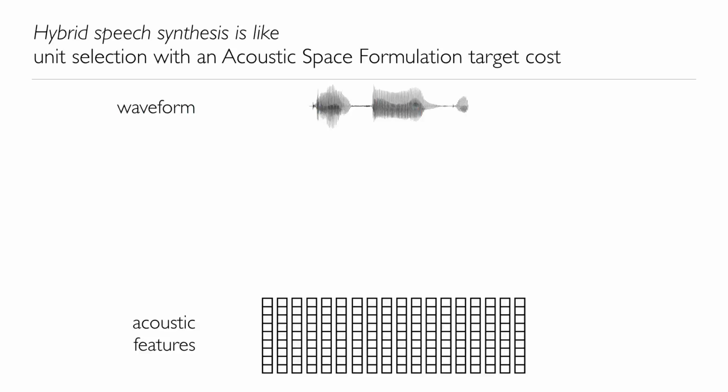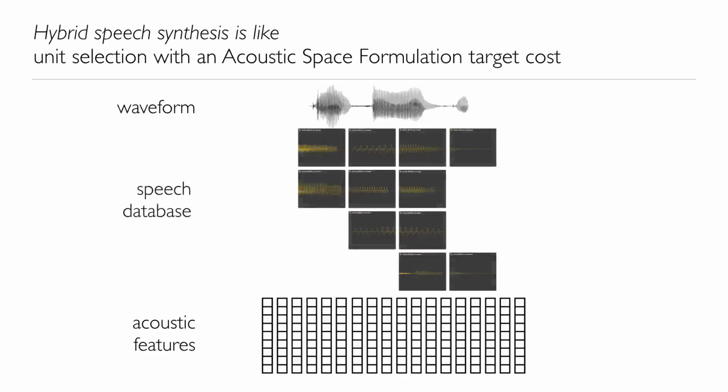Here, if we want to generate a waveform, we first predict a sequence of acoustic features as a reference for the target cost, and then we compute the target cost based on the acoustic features and the candidates. Because we are not going to use the acoustic features to generate a waveform directly, the features for the reference can be any features. Some features may even not be able to synthesize voice.